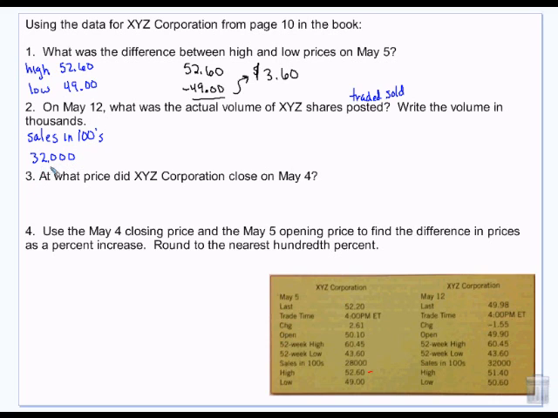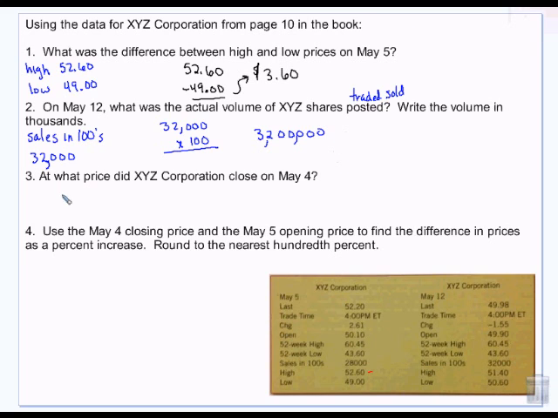So there were 32,000 sales in the hundreds. I'm going to take 32,000 and multiply it by 100. If I'm multiplying by 100, I'm adding 2 zeros to the end. So there were actually 3,200,000 shares traded that day. Does that make sense?